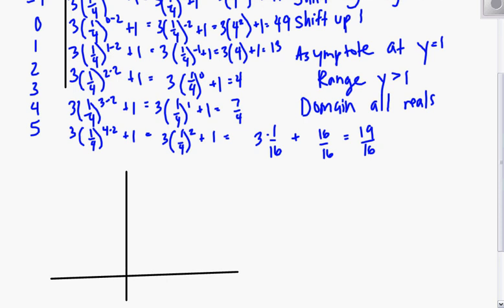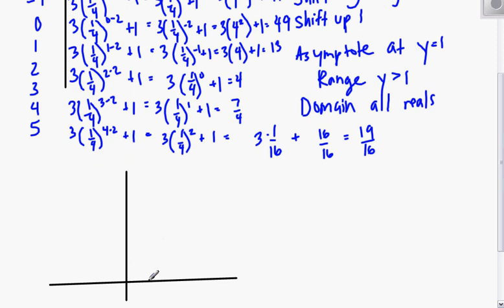Okay, so that graph's going to be a little crooked. You got the idea. So let's graph the ones that are a little bit easier to graph. Let's graph 1, 13, 2, 4, 3, 7/4. So 0 is up at 49, which is way up here.